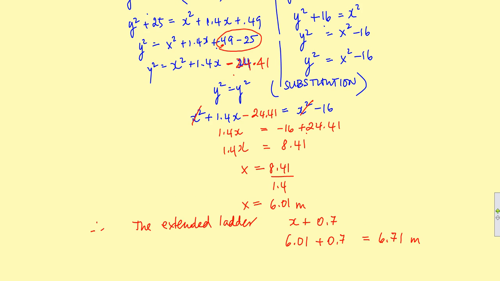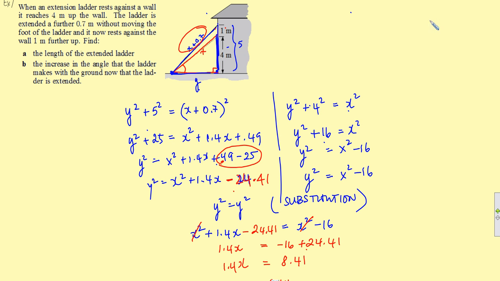So we know that the extended ladder now is 6.71 meters. And the unextended version is 6.01. We know this is 5, and then the smaller version here is 4.